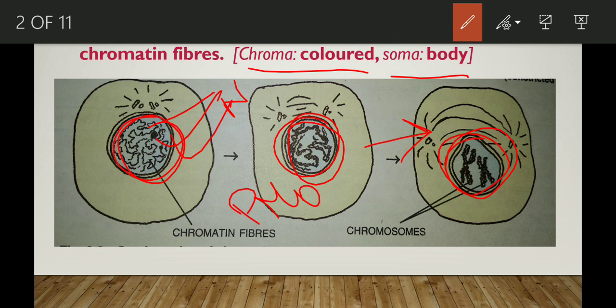That's why they are known as chromosomes. Chroma means colored and soma means body. They are the colored bodies. Clear?